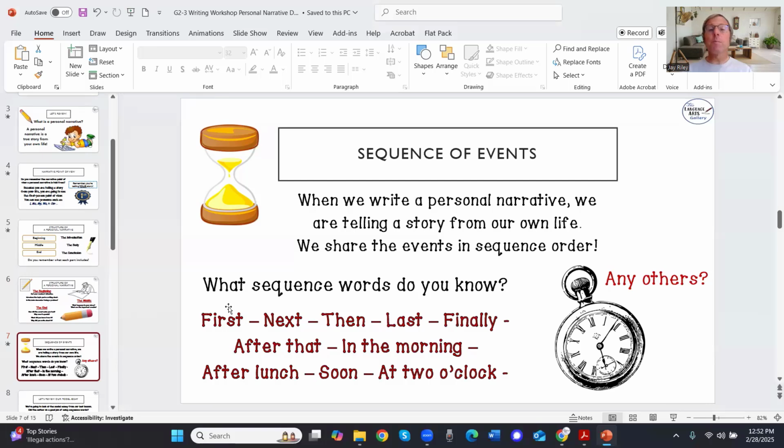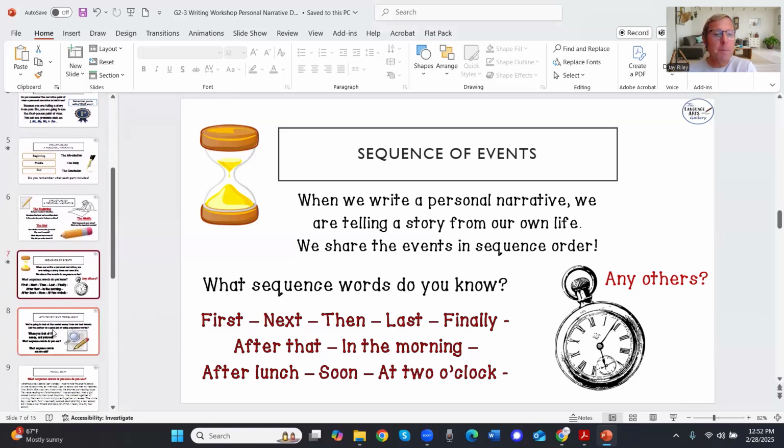I also talk with my students about sharing information about what's happening while something else is happening. So we might say, while I sat waiting, my classmate was busy preparing the surprise. So we can add all sorts of sequence words, and this is a great opportunity for our students to brainstorm those different ideas and to see what we can come up with.